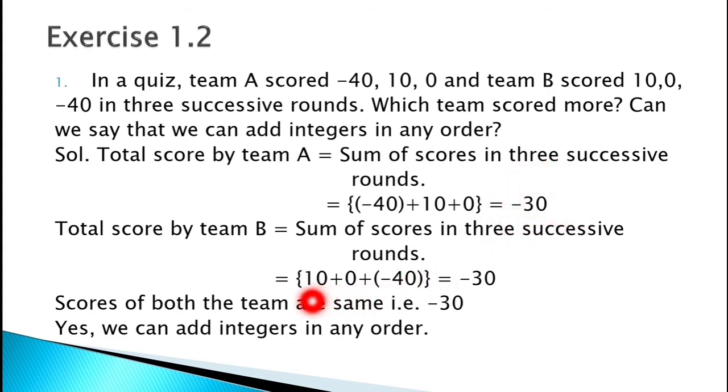And in this case we add 10 to 0 and then minus 40, but again we have the same result of minus 30. Hence we can say that although the order is changed, the result is the same. So we can add integers in any order. Hence we can write: yes, we can add integers in any order. Also we know that addition of integers follows the associative law.